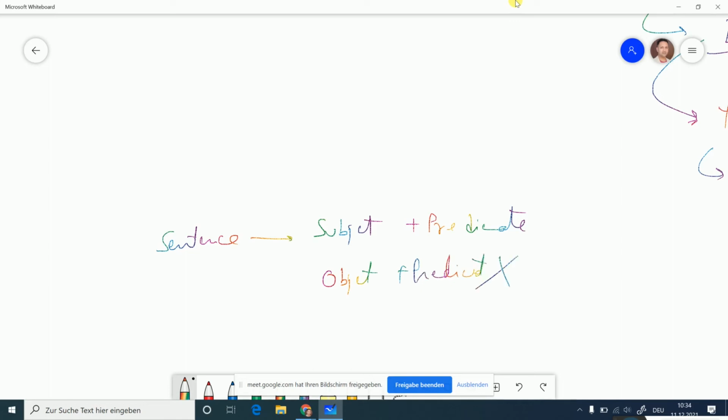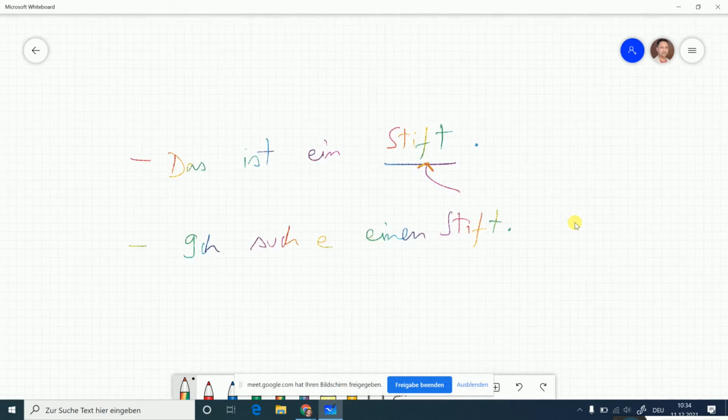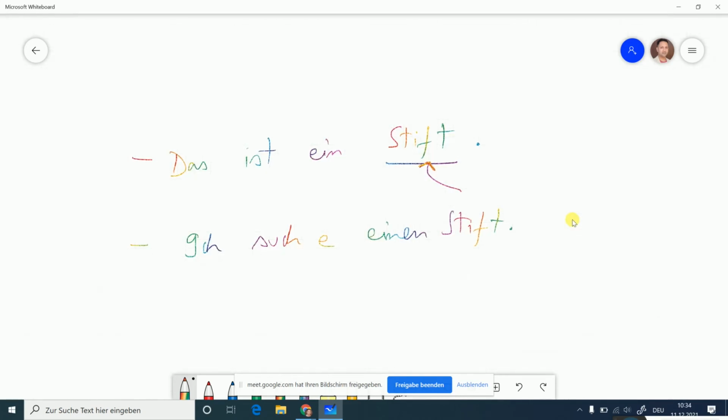I am talking of the minimum requirement: the minimum requirement is a subject and a predicate. So here, "Das ist ein Stift." This is a subject only. This cannot be an object because there is nothing else. That is a pencil. There is no other noun associated here. Only one noun is there, and that is the subject, and that has to be in nominative only.